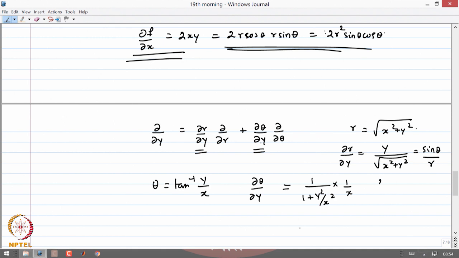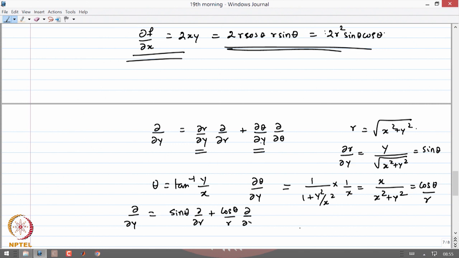So, this will give you x by x² + y², and that is cos θ by r. So, the derivative ∂/∂y now is given in terms of r and θ as sin θ ∂/∂r plus (cos θ/r) ∂/∂θ.